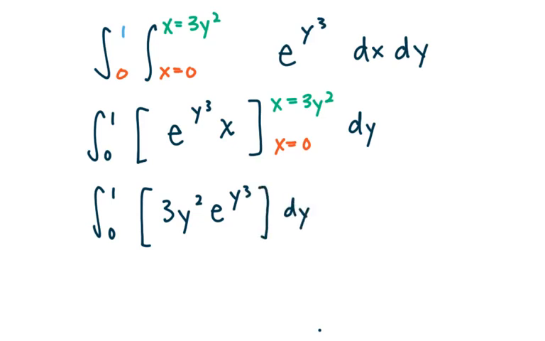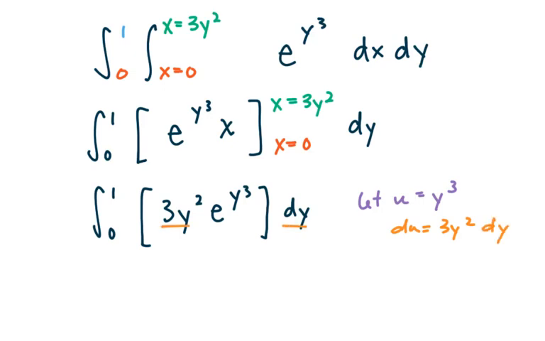Now this is something we can handle integrating. I'll do a quick u substitution because I see that the derivative of y cubed, 3y squared, is inside my problem. So let u equal y cubed. Then we have du equals 3y squared dy.